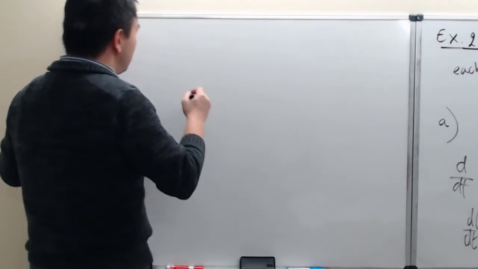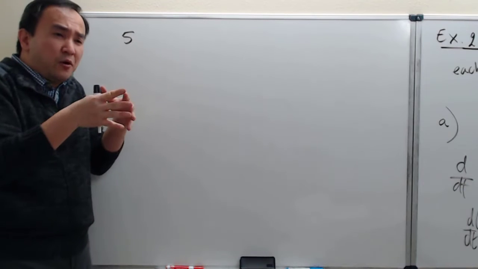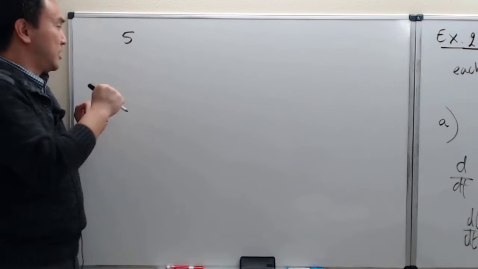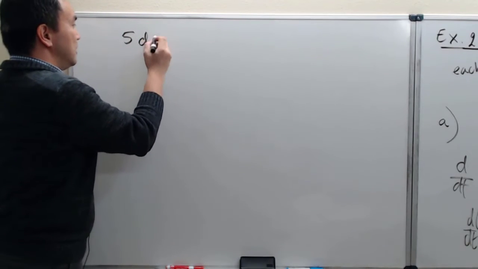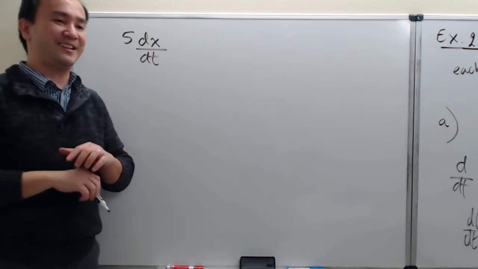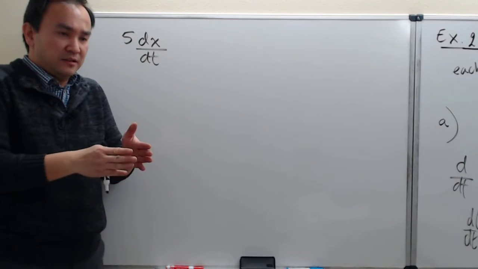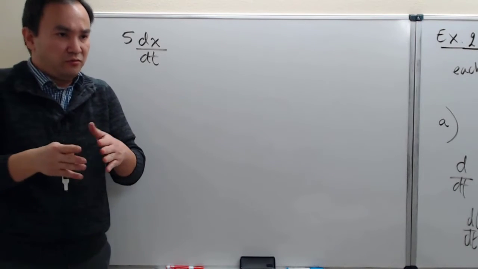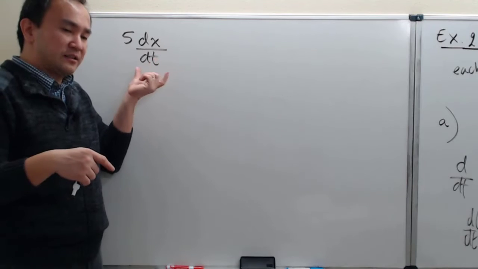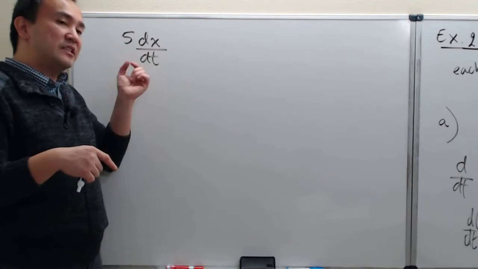So my first term would simply become 5, because taking any derivative, the coefficient stays the same. So 5 times, and now we have no choice other than leaving that as dx dt like that. Because x is an implicit function of t that we don't know, we're just leaving that as the implicit derivative here. 5 times the derivative dx dt.